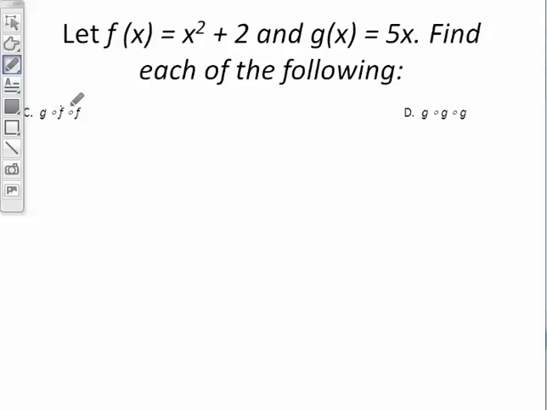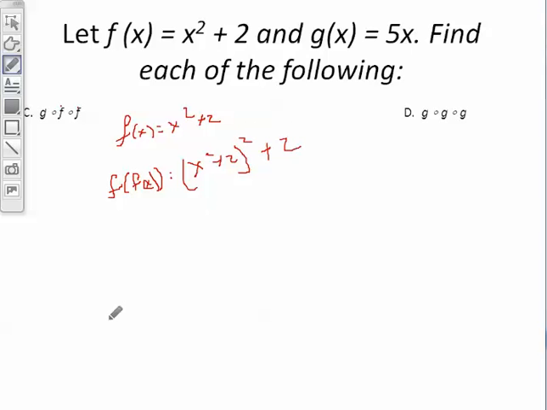f of f of x. Wow, now we're getting really complicated. So what we're going to do is we're going to say f of x equals x squared plus 2. So f of f of x is going to be equal to x squared plus 2 quantity squared plus 2.